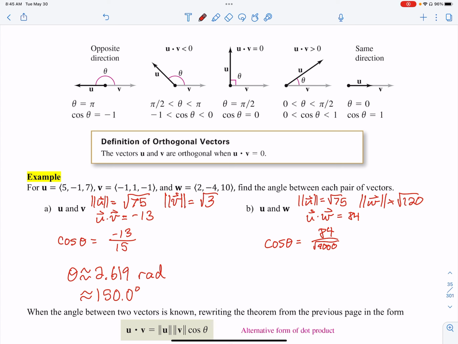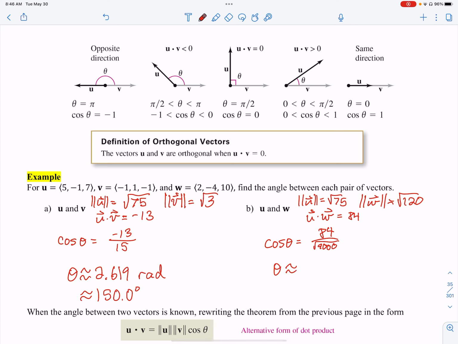I'm going to recheck u dotted with w. u dotted with w is 10 plus 4 plus 70, which is 84, right? And then that is cosine inverse of 84 divided by the square root of 9,000. There we go, I got an answer. I don't know what happened with my calculator.